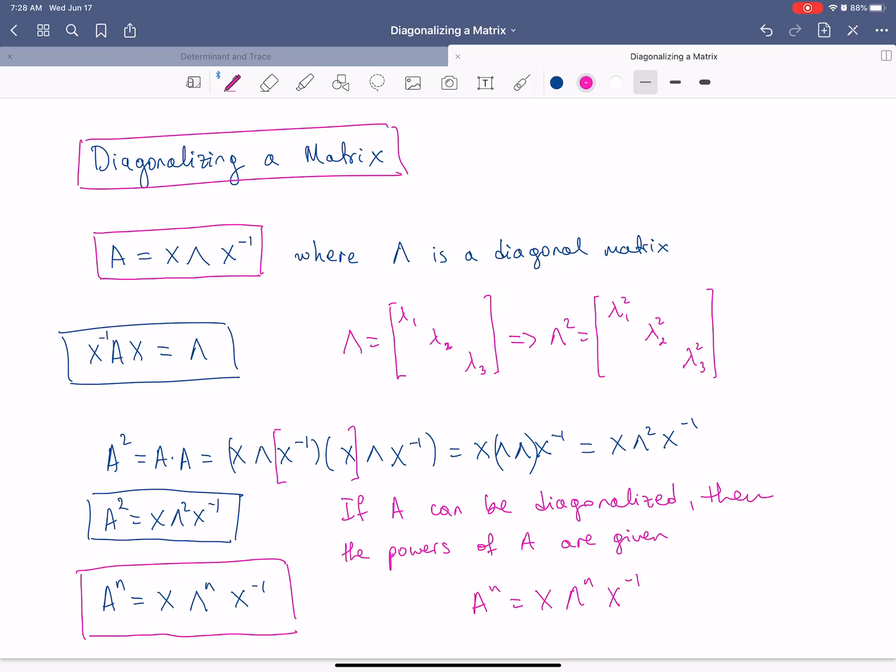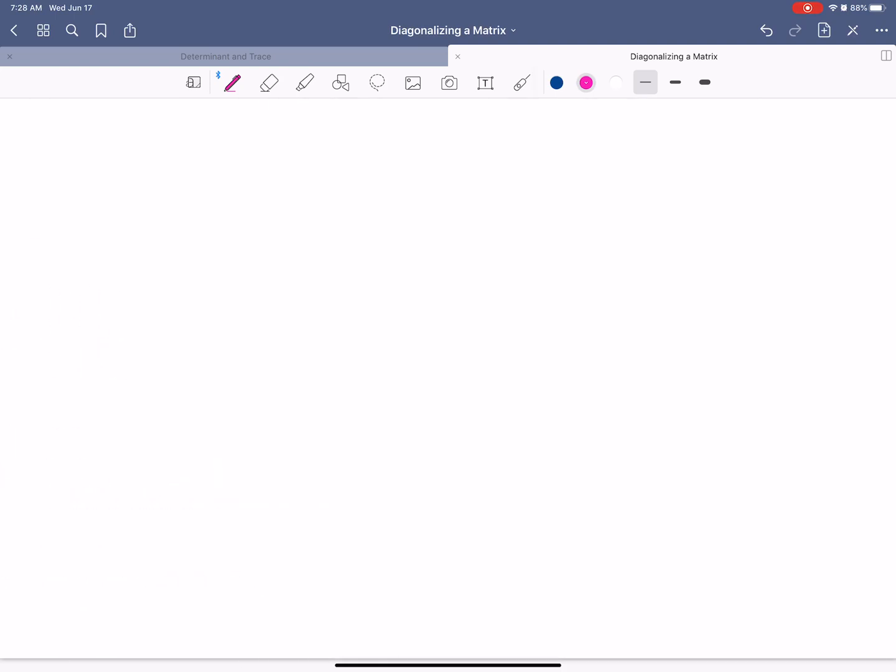Now we also saw, or where will this come from? Okay, let's talk about how to find the diagonalization. So assuming that the matrix has a diagonalization, how to find it? How to find the diagonalization of A. And again, assuming that A can be diagonalized.